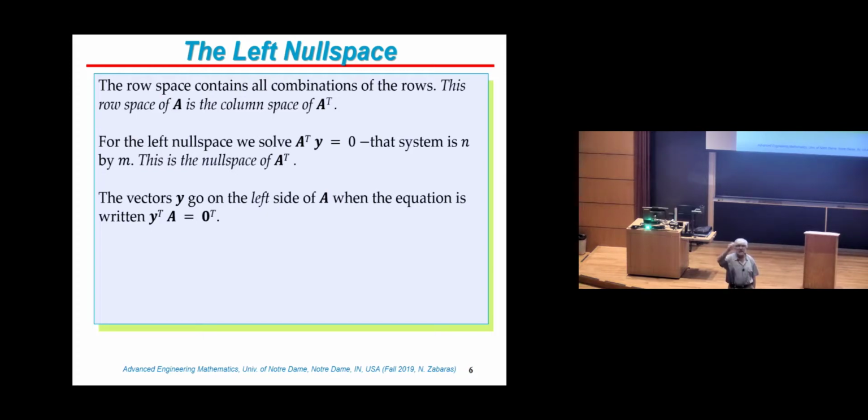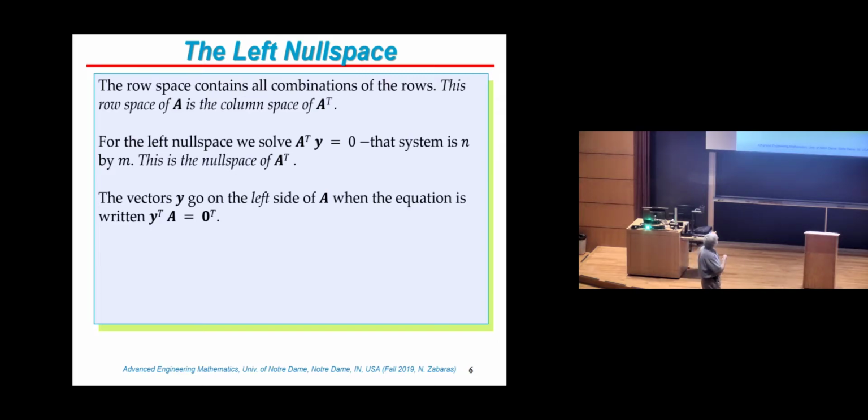We spent a whole lecture on this, and I made another video on this. We said when you multiply A with x on the right, you get a combination of columns. When you multiply a row vector from the left, what do you get? Combination of rows. Thank you.